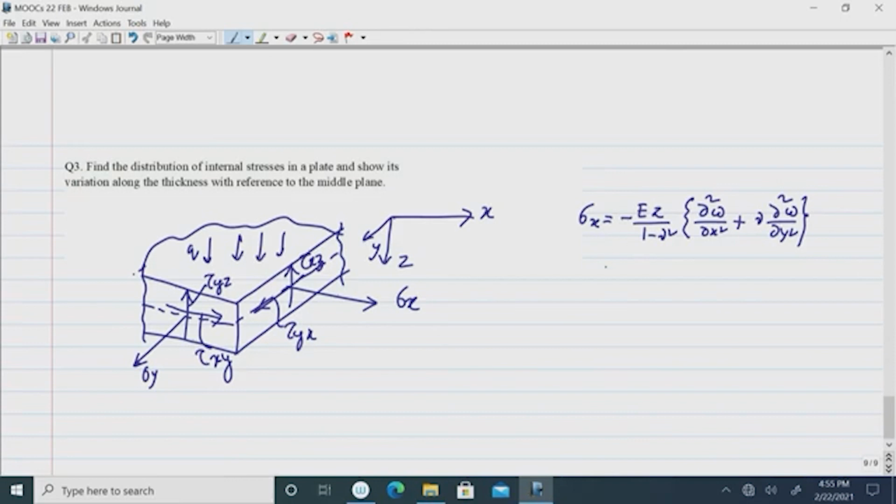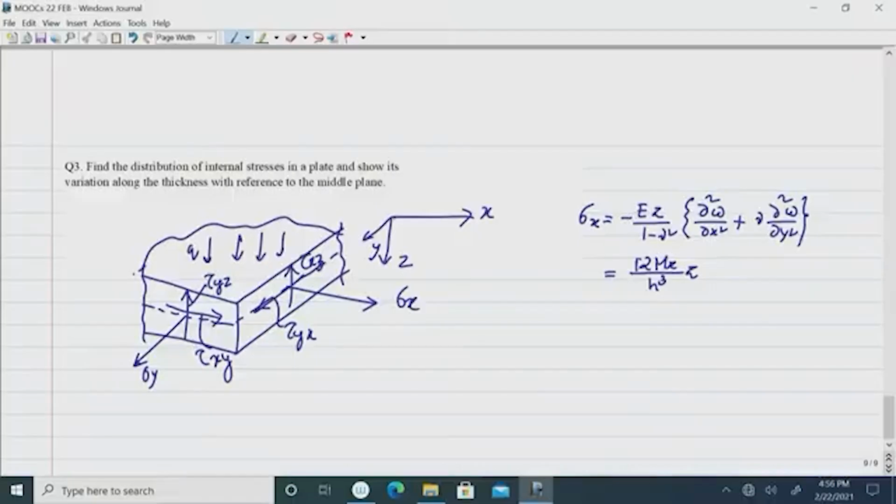So, this term can be written as 12 m x by h cube into z. Now, why is it 12 by h cube? Because in the denominator h cube by 12 was there, and if I take a unit width of the plate, 1 into h cube divided by 12 is nothing but the moment of inertia of the plate of unit width. So, you can see its similarity with the beam.